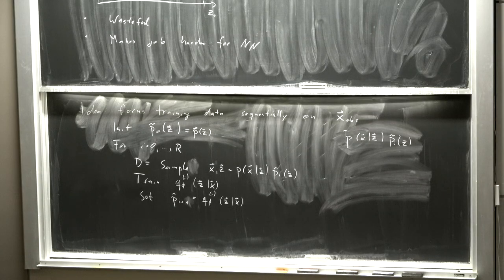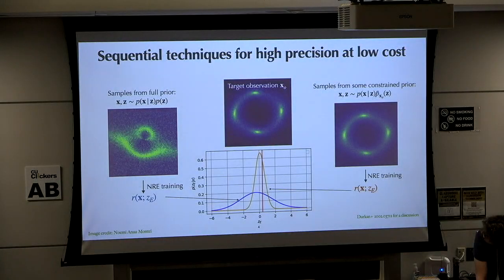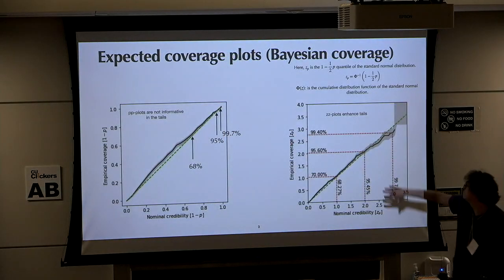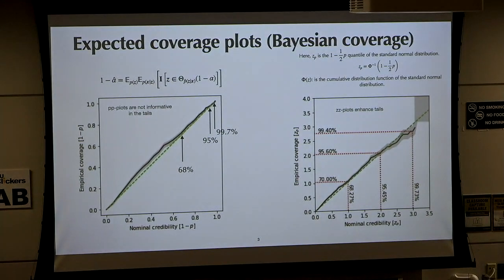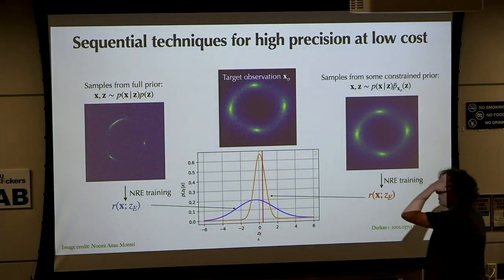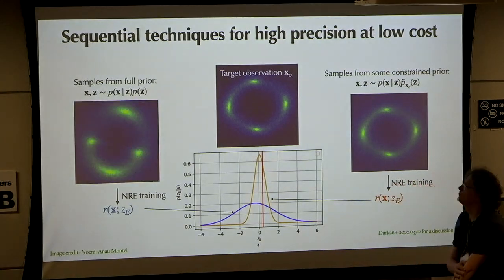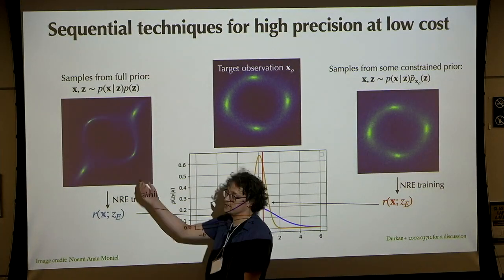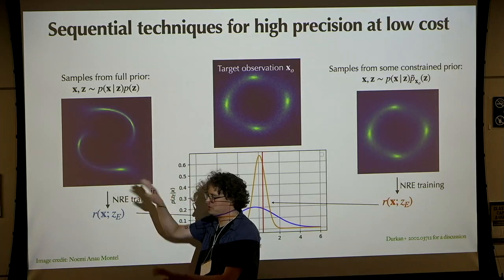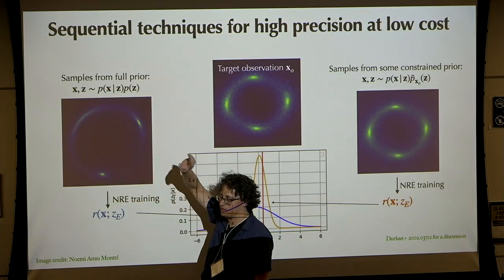Right, so here you see these coverage plots. Good. So here you see an example for this with specific training data. These here are strong lensing images. I mean, these are simulated strong lensing images.